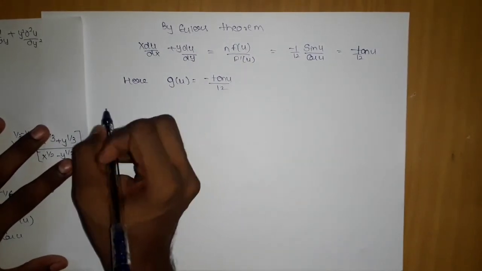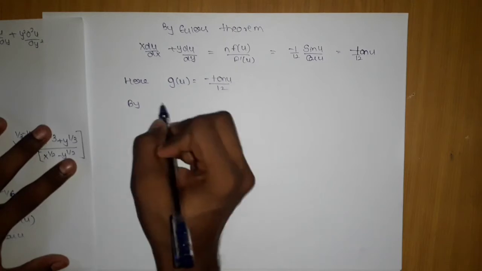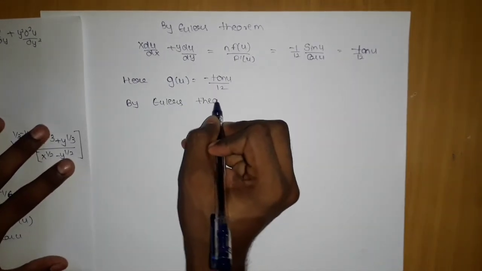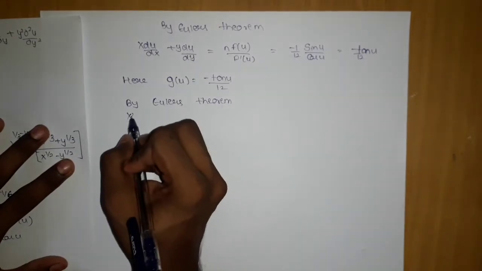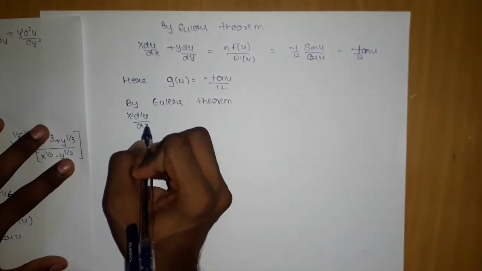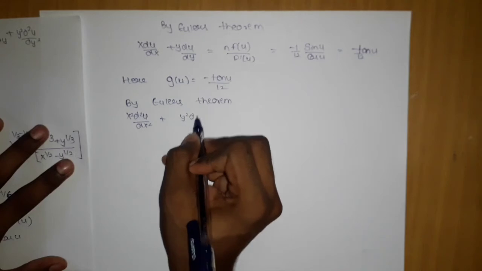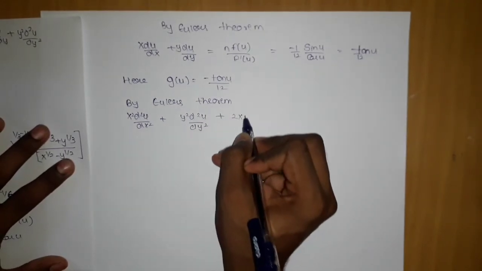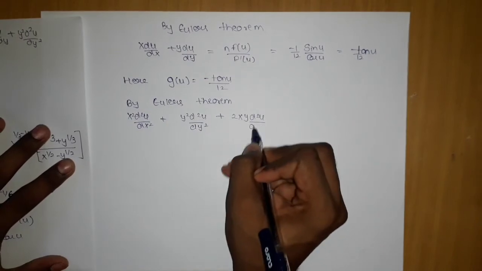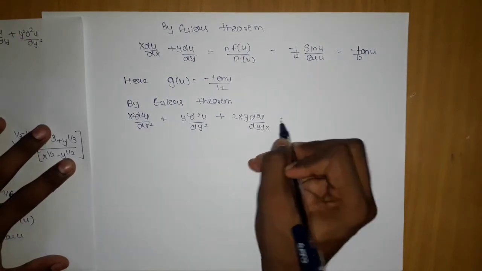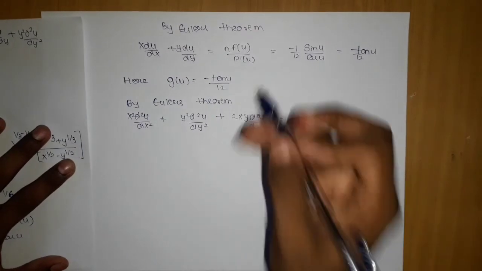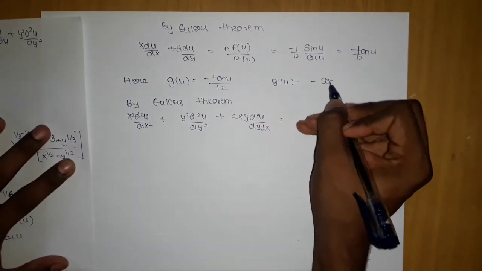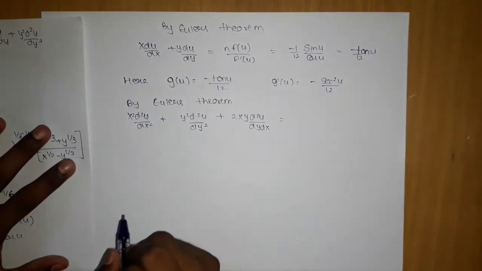What I am going to do, by Euler's theorem, x square dou square u by dou x square plus y square dou square u by dou y square plus 2xy dou square u by dou y dou x equals g of u times g dash u minus 1. Now can I get g dash u? Yes, it's very easy: minus sec square u by 6.